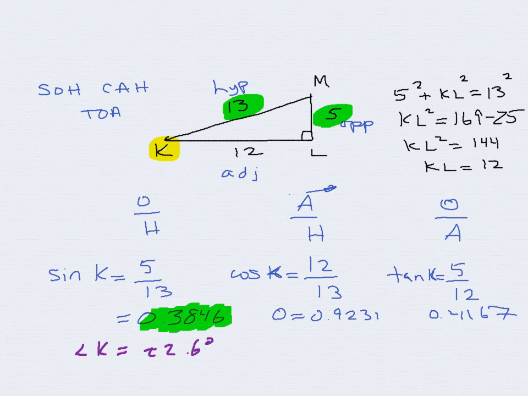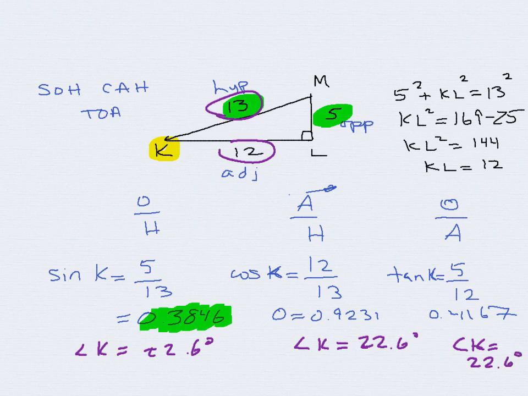If you had used the cosine and all you had been given originally was the 12 and the 13, you could have used the cosine ratio, the adjacent over the hypotenuse, and done second function cosine of 0.9231, and you would have got the same angle, 22.6. And of course the tan, angle K would equal the same thing, 22.6.